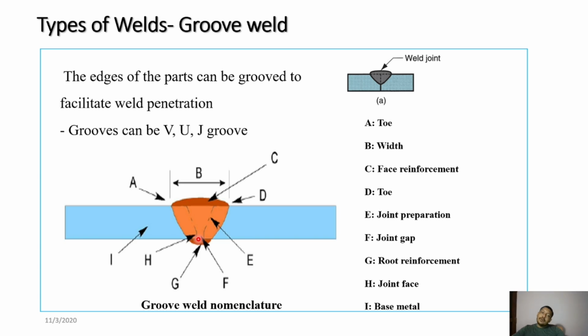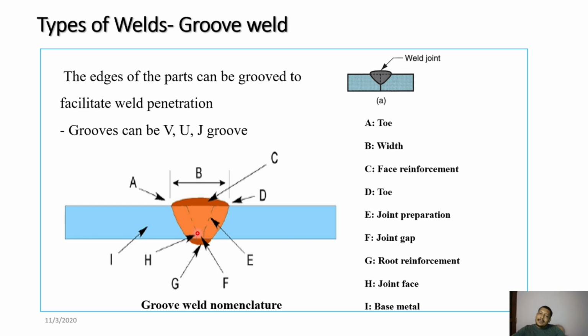You have to maintain a sufficient root gap, then only the bottom penetration will take place. This is called the root reinforcement, or the penetration of the weld towards the bottom side, which will occur only when you provide a sufficient root gap over here.